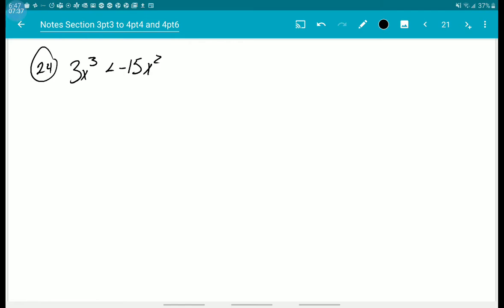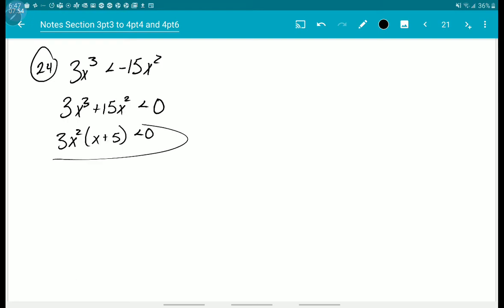We need everything on one side of the equation. So, there. Now, let's factor. We can factor a 3x squared out. And that's going to leave us with an x plus 5. So, there's our factored form.